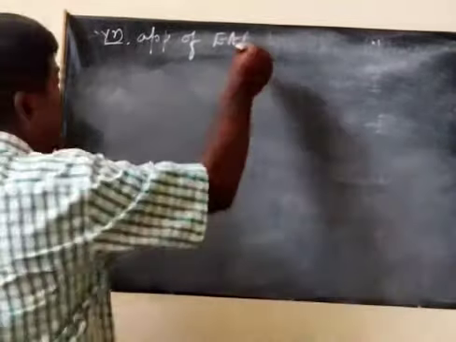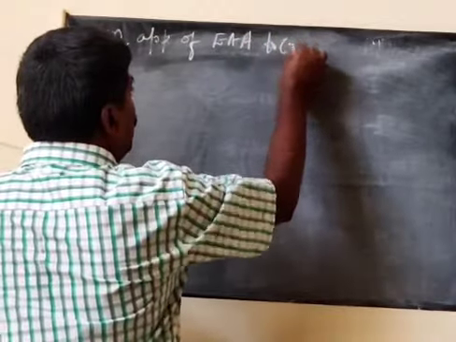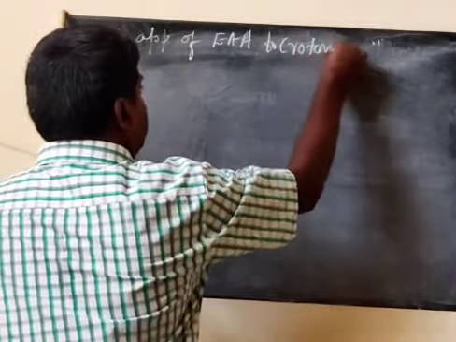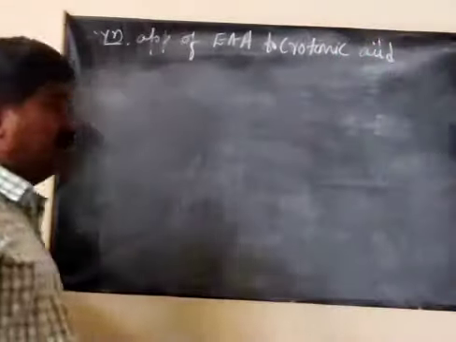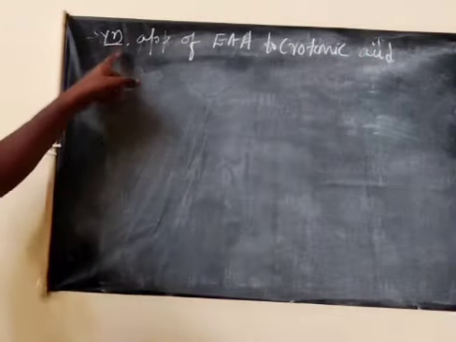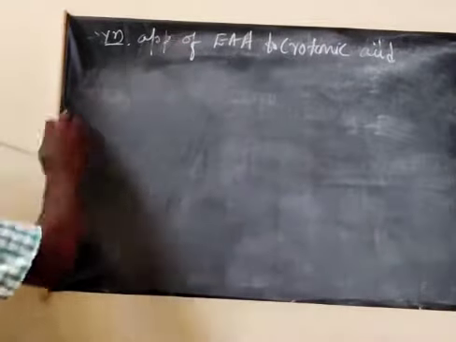Conversion of EAA, ethyl acetoacetate, to crotonic acid. That means conversion of ethyl acetoacetate to an unsaturated acid, that is crotonic acid.